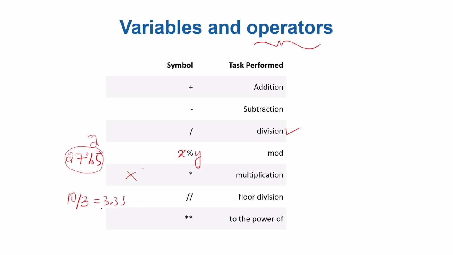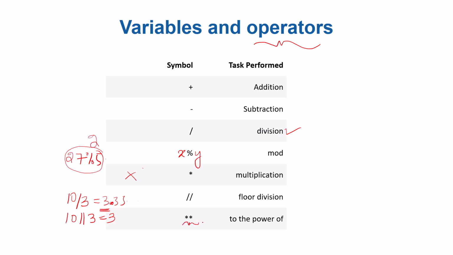But if you want just a quotient, not the remainder, if you want the integer, that's the quotient value, you write 10 double slash 3, and it will return just the value that is there before the decimal expansion. So this value will be returned. So this is kind of the integer division or floor division.